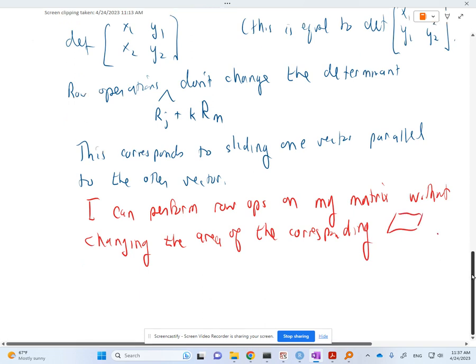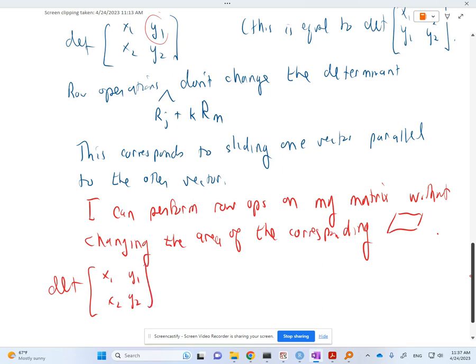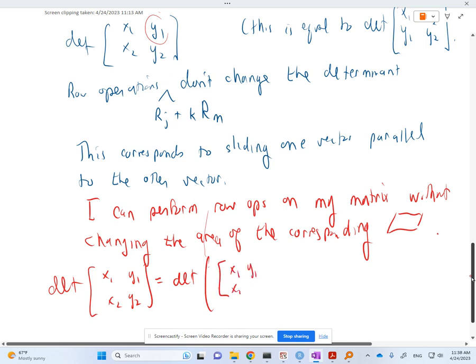Okay. All right, so let's do a row operation that will be useful for me. Typically, you do row operations to make the elements in the first column equal to 0. I'm going to make this y1 to be 0. So if I take the determinant of this original matrix, that's equal to the determinant of this matrix, where I let R1 change.